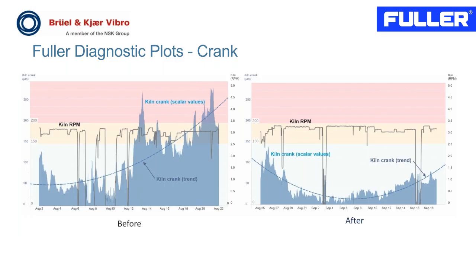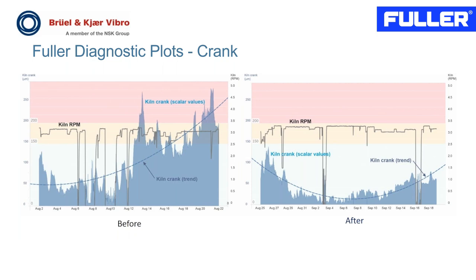Again, let me first explain the graphs as we see. Looking at the left graph, again we have the kiln speed in black. It is on the y-axis to the right, operating roughly around 3 RPM when it's stable. In this case, we have had some unexpected kiln stops. I can see it goes to 0 on some days.